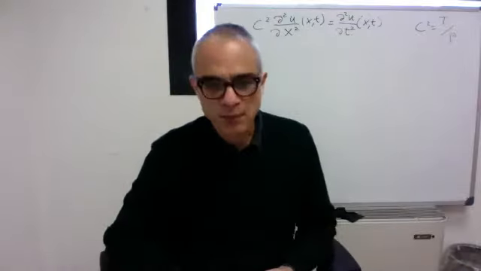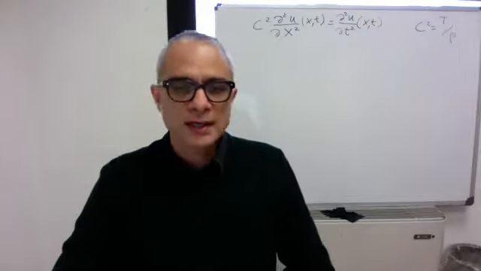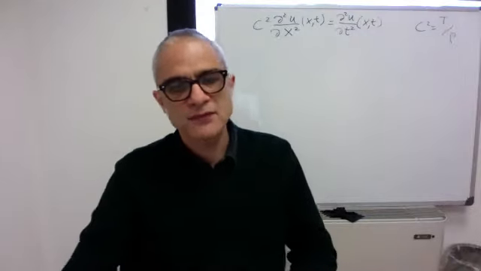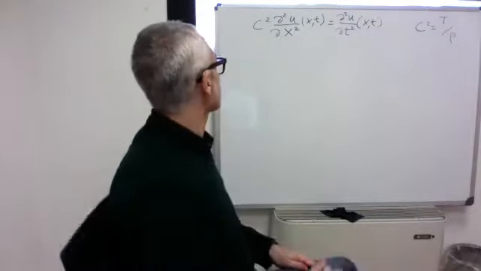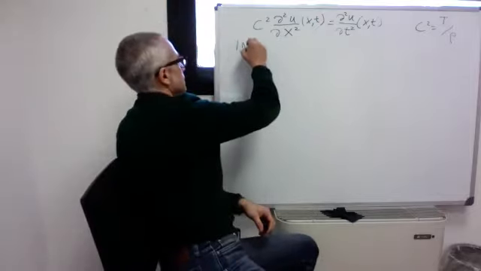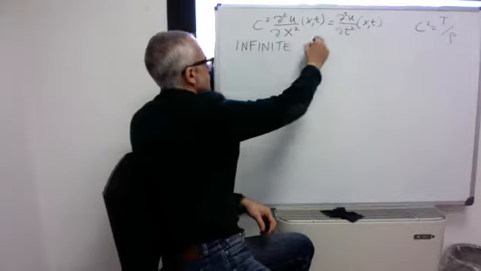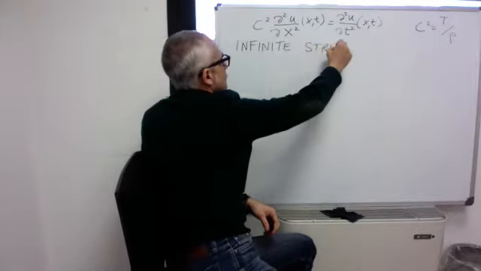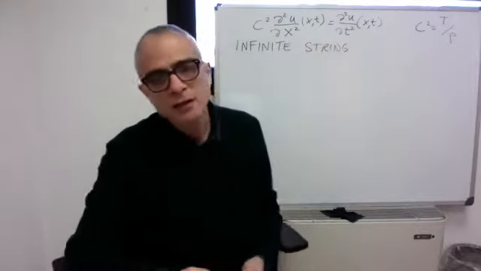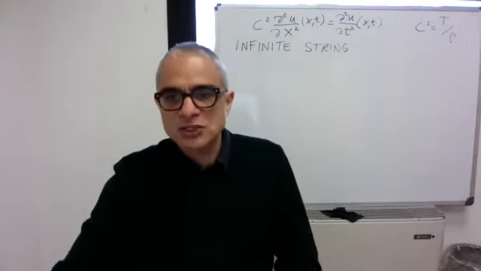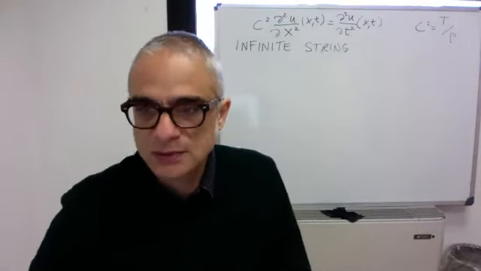Also, at this point, the problem we are treating is still very abstract because we are talking about an infinite string, a string of infinite length, which doesn't really exist obviously in the real world.